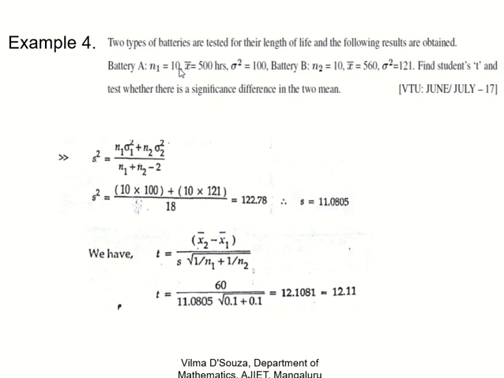Degrees of freedom 9 plus 9, that is 18. So calculate, you will get s square as 122.78, so that your s is 11.0805.